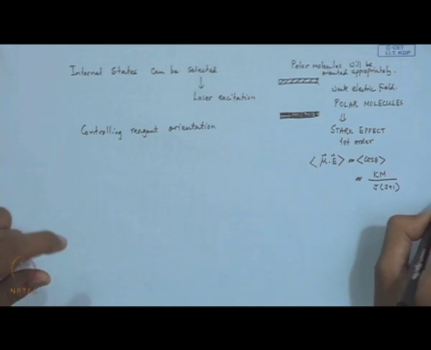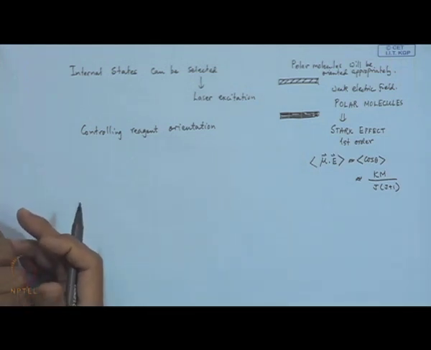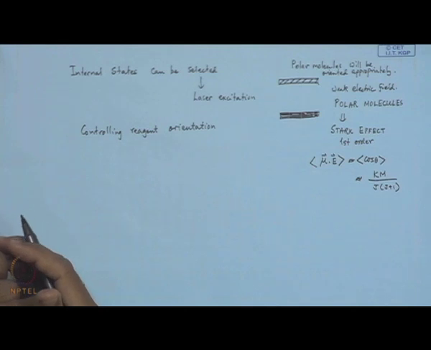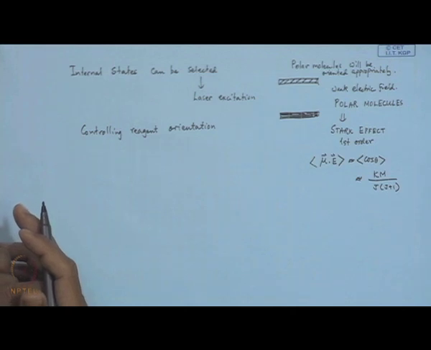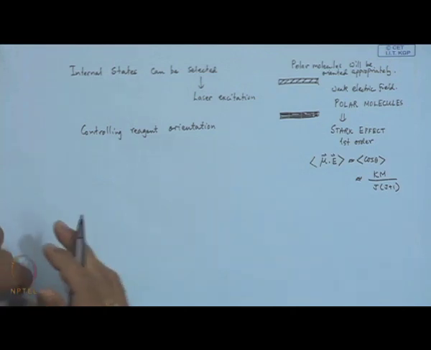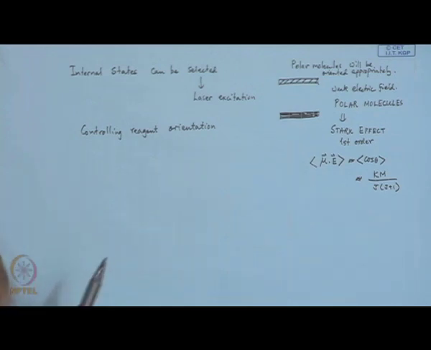This way you can select rotational states by applying the first order Stark effect. You can select different states depending on how much electric field you are applying. Depending on the electric field, the perturbation comes accordingly, so you are selectively generating the perturbed state.